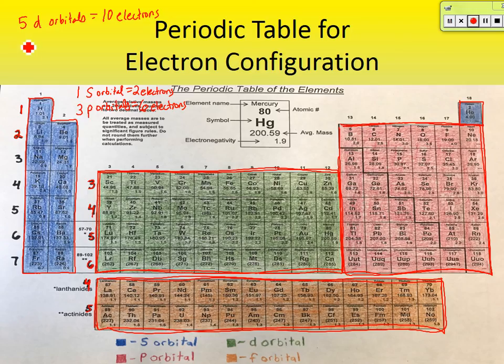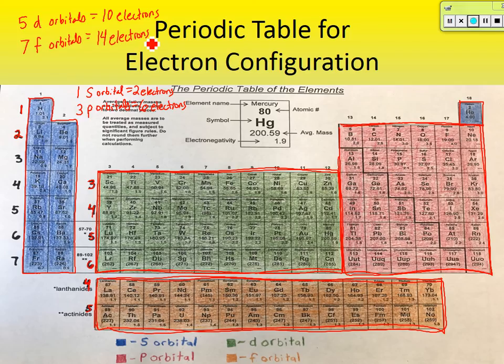And then finally, there are 7 f orbitals. And if each orbital can hold 2 electrons, there are 14 total electrons that can be fit in the f orbitals. Okay, so if you've got that on your periodic table somewhere, all of this information, then we can get started doing some of these practice problems.